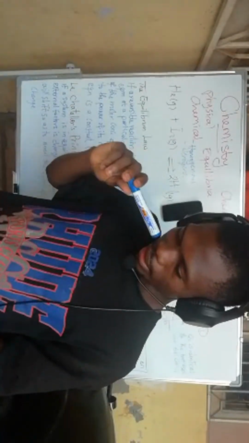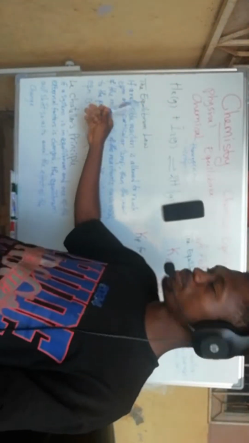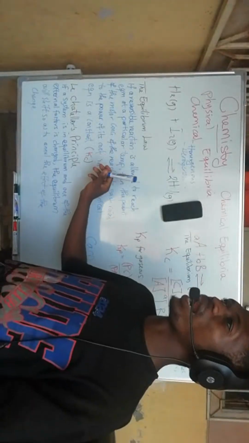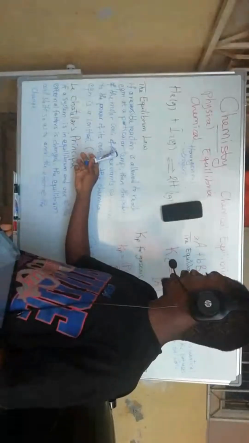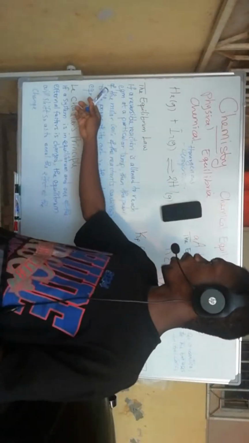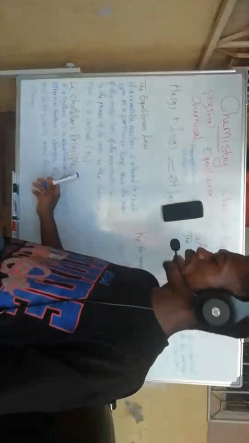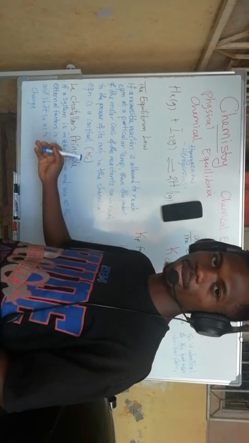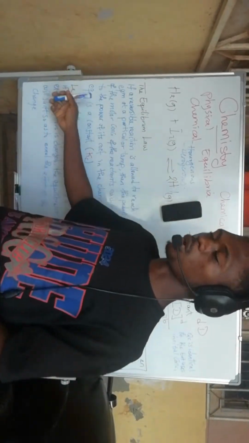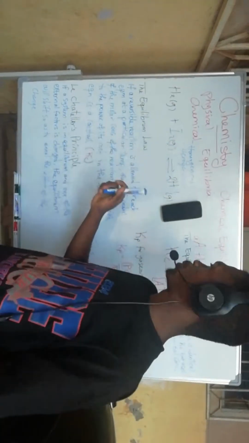The equilibrium law states clearly that if a reversible reaction is allowed to reach equilibrium at a particular temperature, then the product of the molar concentration of the reactants, each raised to the power of its coefficient in the chemical equation, is a constant known as the equilibrium constant.